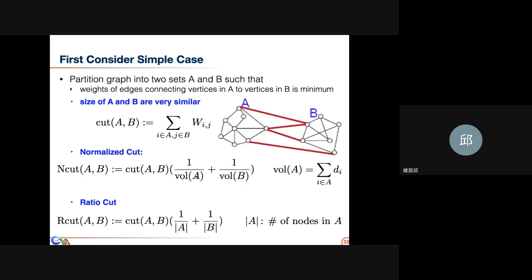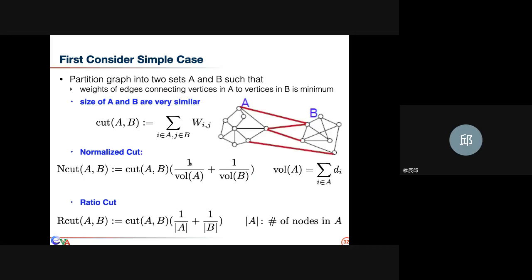The volume of the set A can be computed by performing the summation of the degrees for all the data points in the set A. So basically, that is the summation of the degrees for all the data points in a specific group.